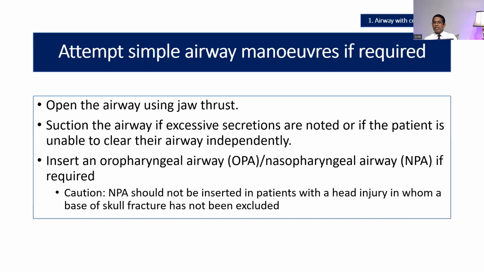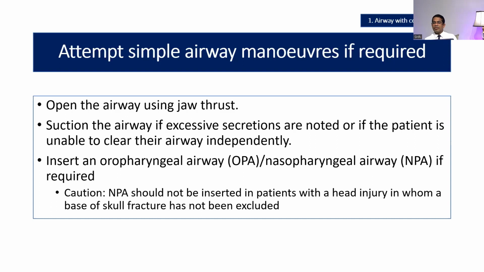If the patient has an airway obstruction, you have a simple maneuver, that is jaw thrust. Currently, a limited chin lift is also recommended, but I usually say jaw thrust is the best of all three. That is head tilt, chin lift, and jaw thrust. We do not recommend head tilt in trauma, but limited chin lift and jaw thrust are usually recommended.